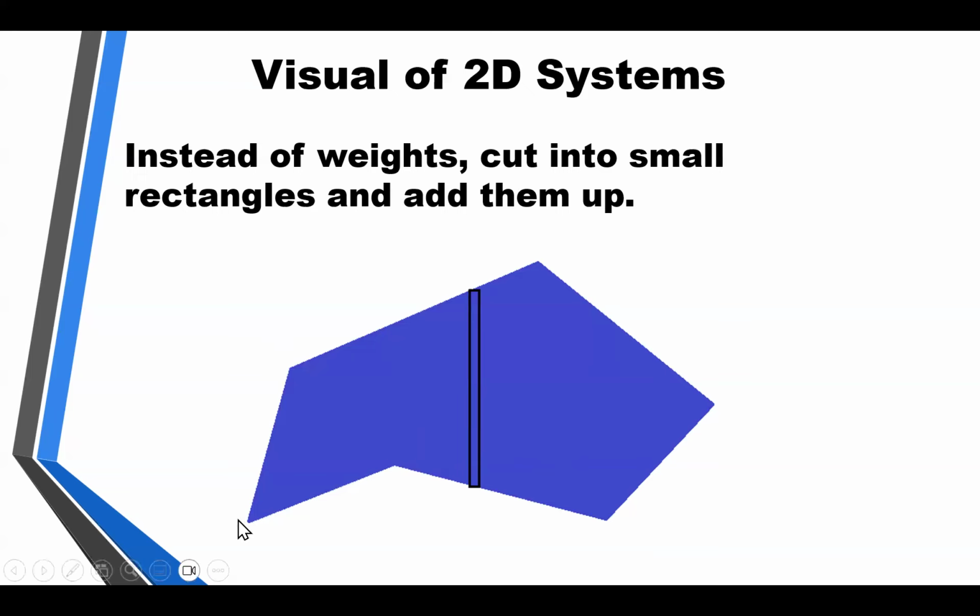If I'm looking for the moment from the x-axis, then I take the center of each rectangle, because that's where they're balancing, and I multiply it times essentially a y value, but again, the y value is going to be distance up.